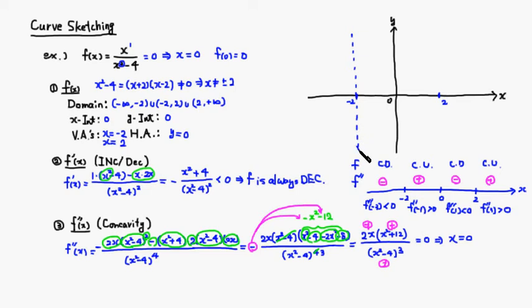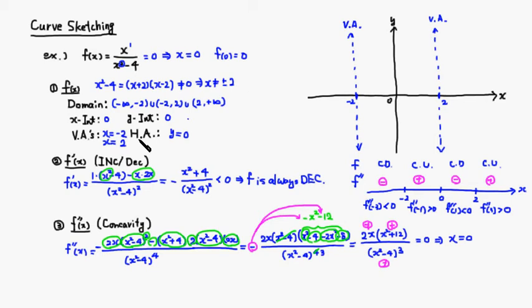This is our vertical asymptote. And x equals 2 is another vertical asymptote, so we can put that in there.